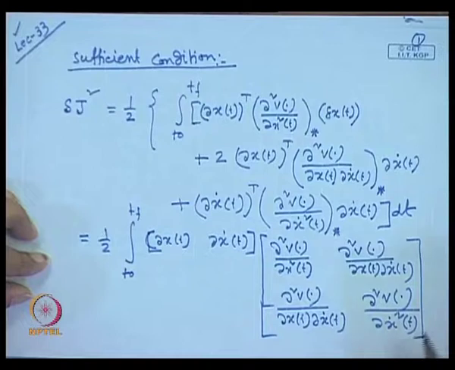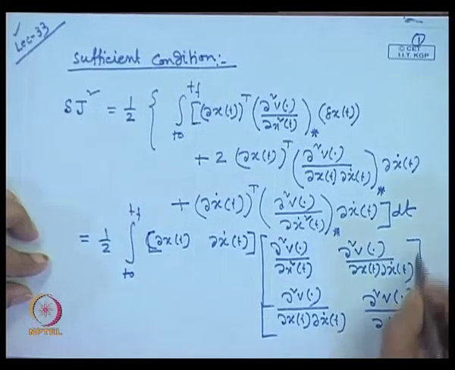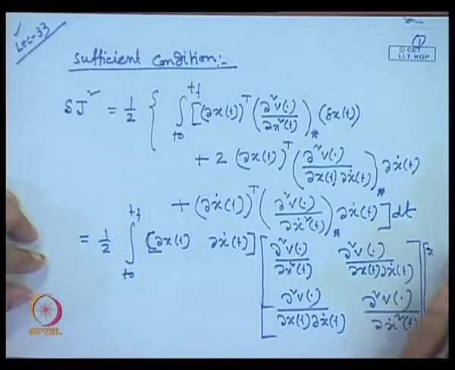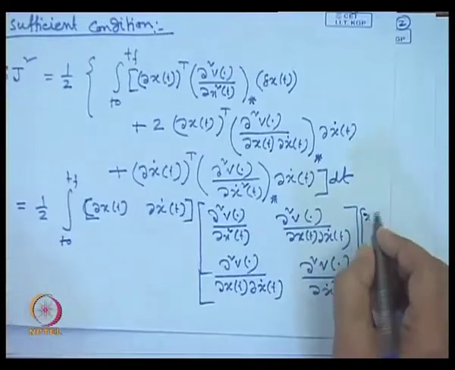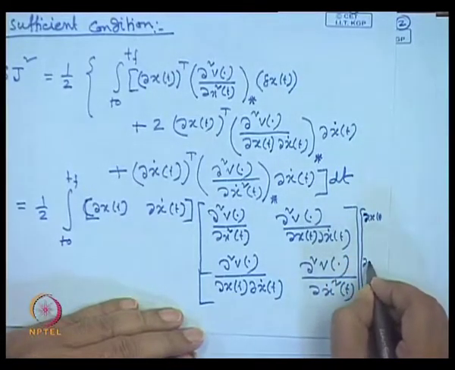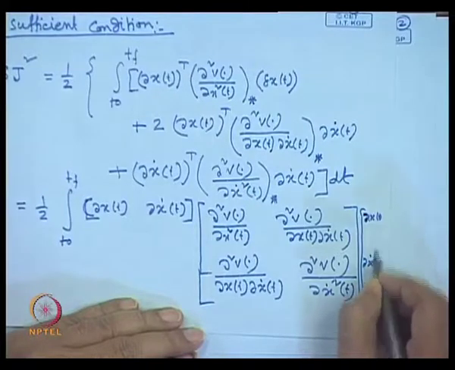Agree? You evaluate this along the trajectory, multiplied by delta x of t and multiplied by delta x dot of t.